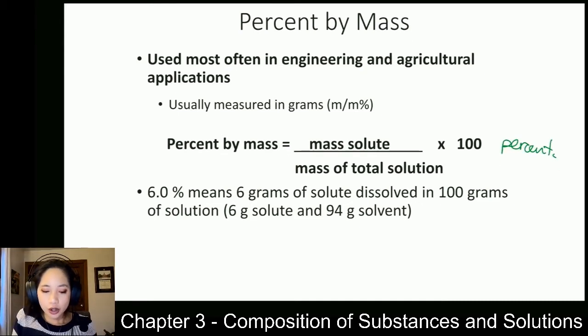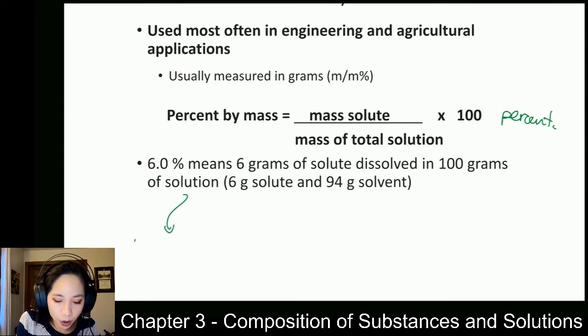For example, if we have a 6% by mass concentration of a substance, that means there are 6 grams of solute dissolved in 100 grams of that solution. If we break that down, remember our solution is always composed of your solute and your solvent.